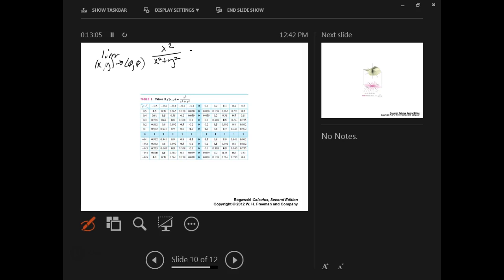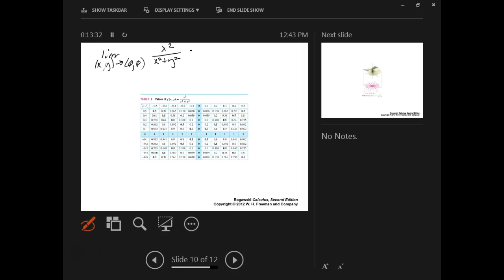So what they say to do is let xy approach 0 a couple of different ways. Well, let's start, since I'm over here, from the negative x-axis, okay? As y equals 0, which on the x-axis y is equal to 0, what is that limit?